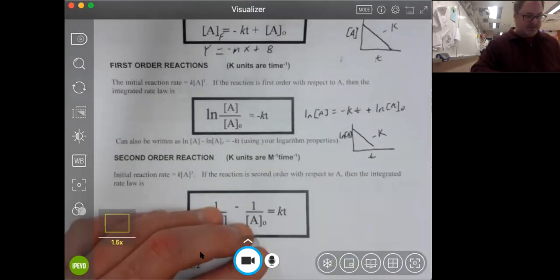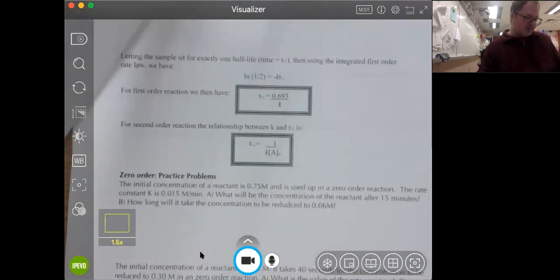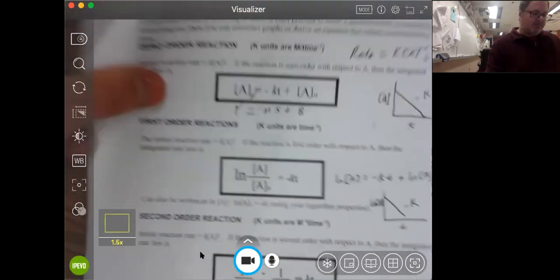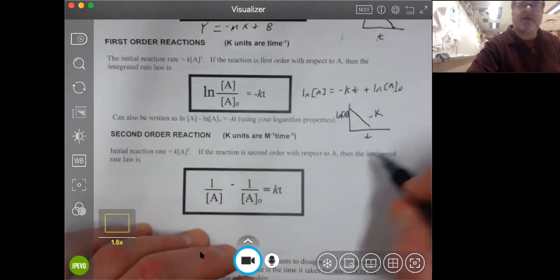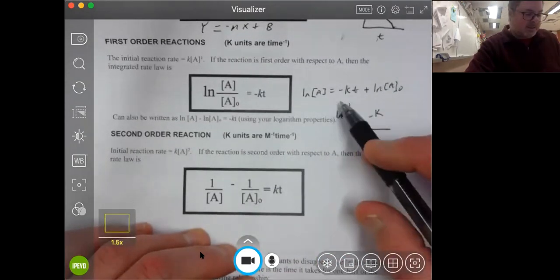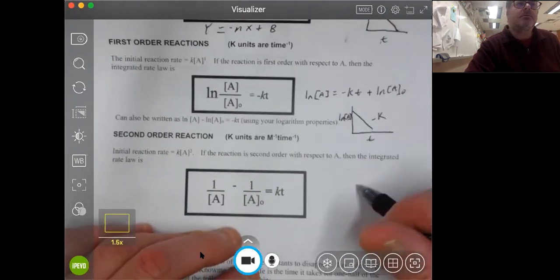So what they may do is say, okay, by taking the natural log of the concentration of A and comparing that to time, we get a linear graph and the slope is negative.